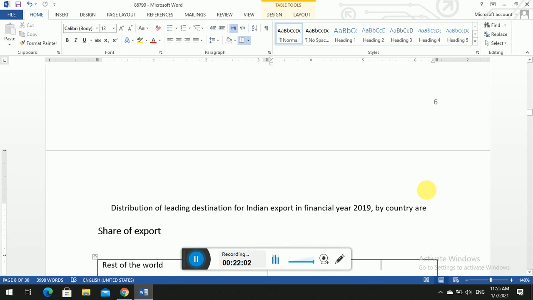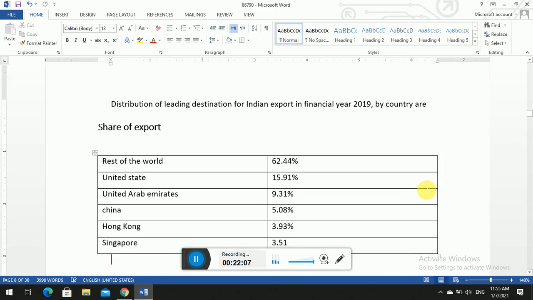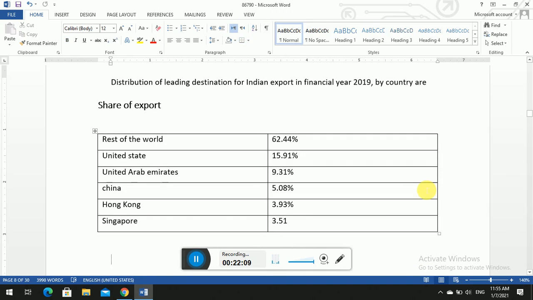Now the distribution of leading destinations for India's exports by country. Let's see which countries they have exported a lot of products to. Rest of the world, 62.44%. United States, the biggest partner, 15.91%. United Arab Emirates, 9.31%. China, 5.08%. Hong Kong, 3.93%.